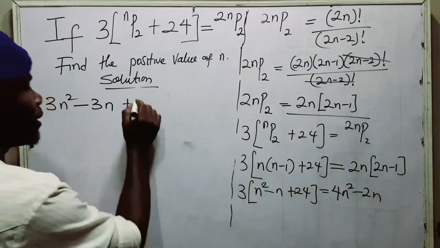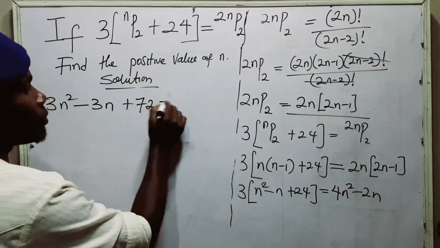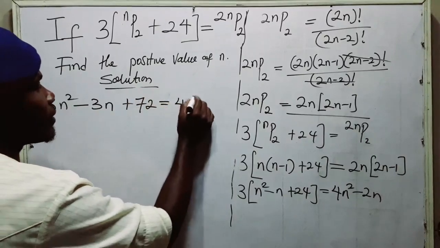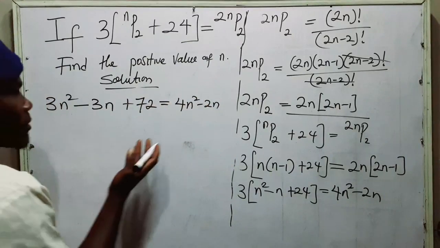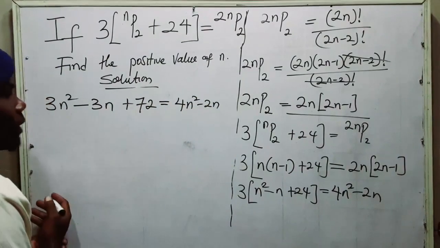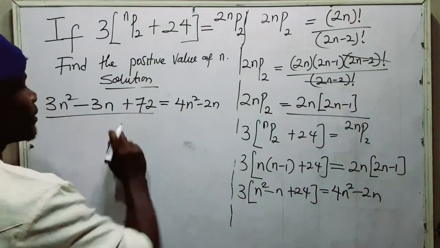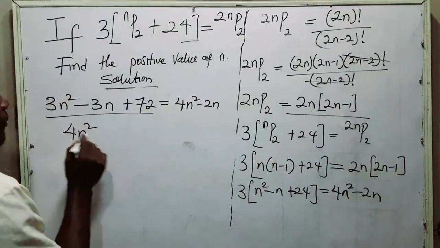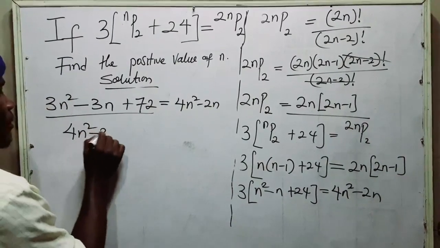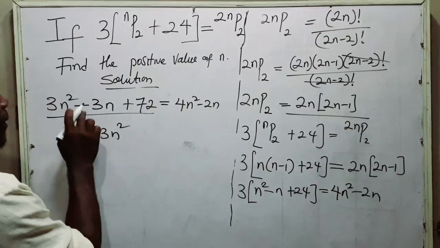3 times, so making 72 is equal to 4n squared minus 2n. So let's try to collect the like terms and see how meaningful it will be. So let's take this to this side. So we have 4n squared minus 3n squared.